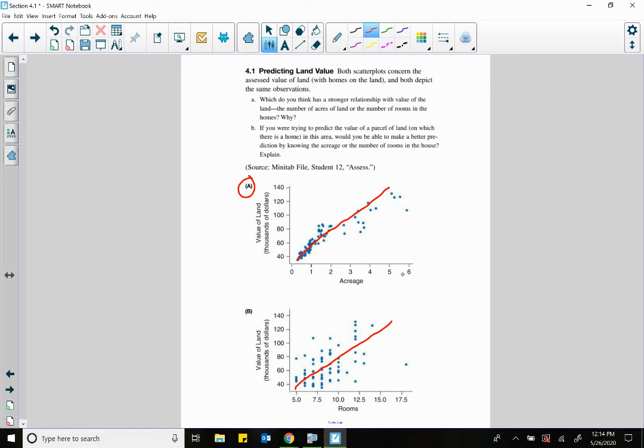Up here, I could predict. If I went out to 8 acres, I'm sure the value of my land will be somewhere up here, probably a little bit higher than that, in fact. Probably right around in there. So if I went out to 8 and went up, hopefully the value of my land should be more. I can predict that because this is more linear than this one. Okay? See, we like linear. We don't want stuff like this where it doesn't look like there's much of a trend. Okay?